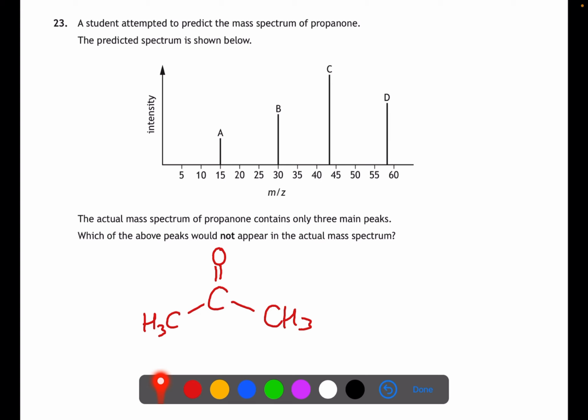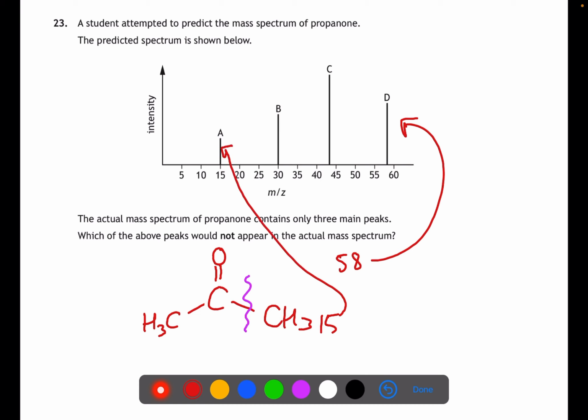Now the whole mass of this would be 58, which would correspond with D. If we were then to start chopping this molecule up, we could then find the other 2 peaks that we might expect to see. If we were to chop here, we could end up with 2 ions. One ion, which could represent the methyl, which would be at 15.